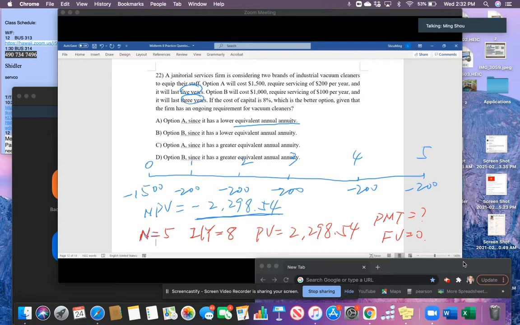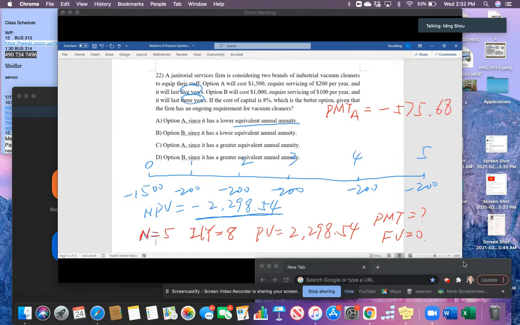After you put all this information in your financial calculator, you can calculate your annual cost. The annual cost payment for option A equals negative 575.68.